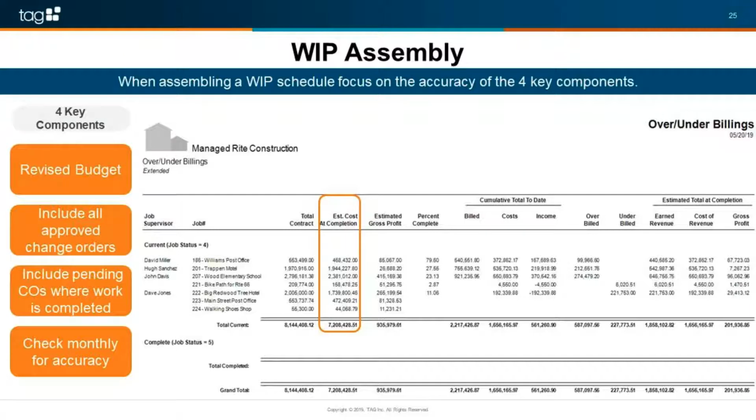Whether or not we actually receive the money on that is potentially still open, right? But we did complete that work, so our budget should reflect the cost for that work that has been completed. And again, on a monthly basis, we need to analyze this and make sure that the information presented in this column is accurate and up to date.